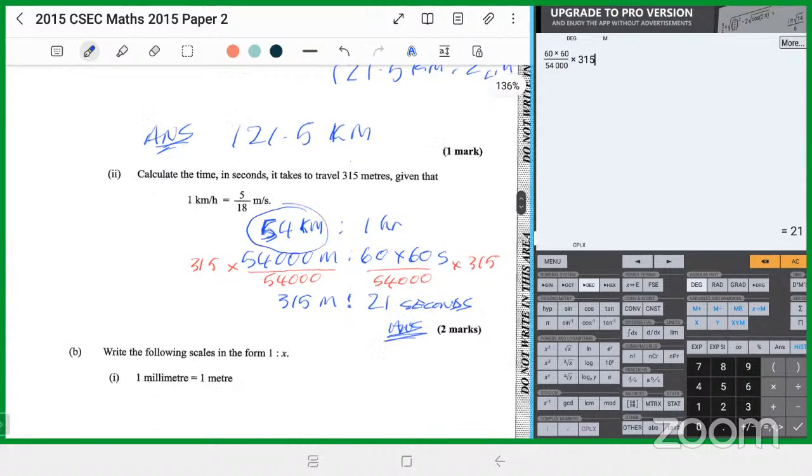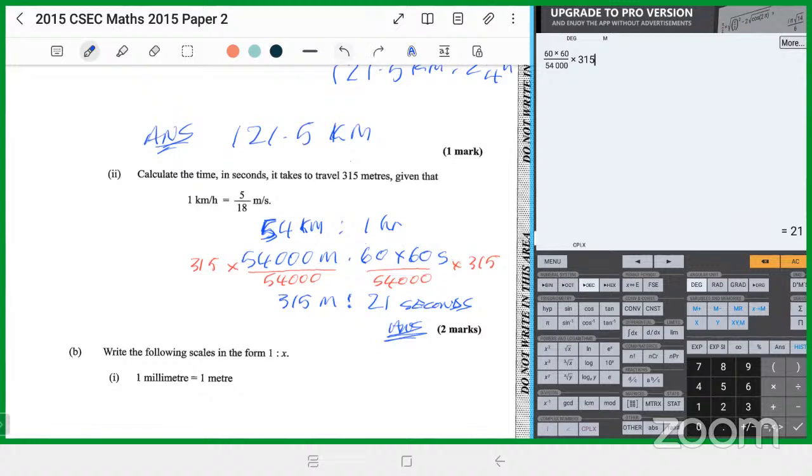Convert the 54 kilometers to meters by multiplying by 1,000, and then convert the hours to seconds. So multiply the 1 hour by 60 minutes first, and then every minute there is 60 seconds. So it becomes 60 times 60. This is the number of seconds in 1 hour.